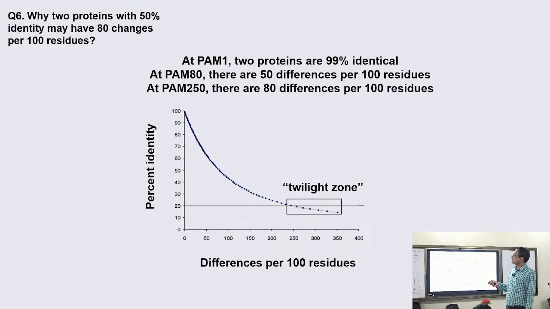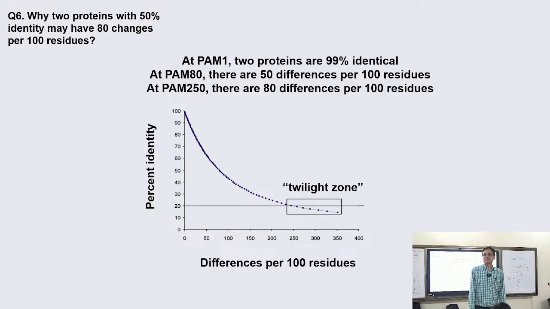PAM 1 means two proteins are 99% identical. PAM 80 means 50% differences. PAM 1 means how much difference? Only 1% change, right?